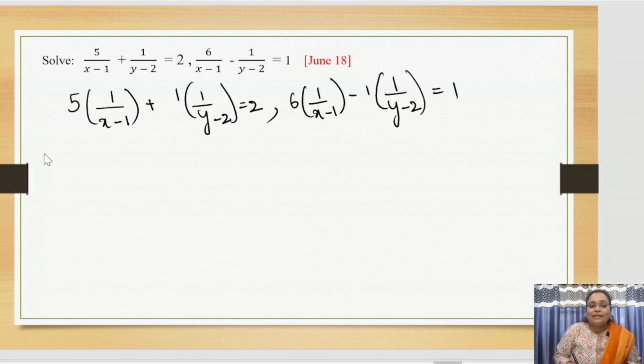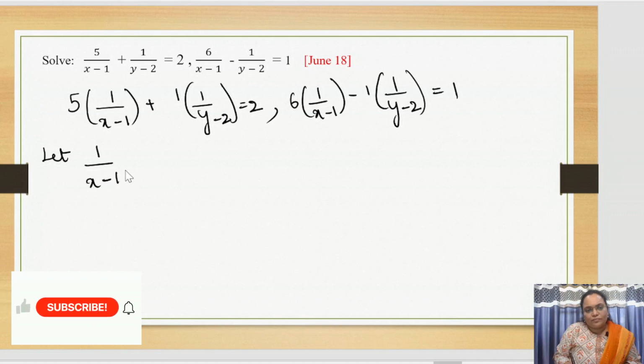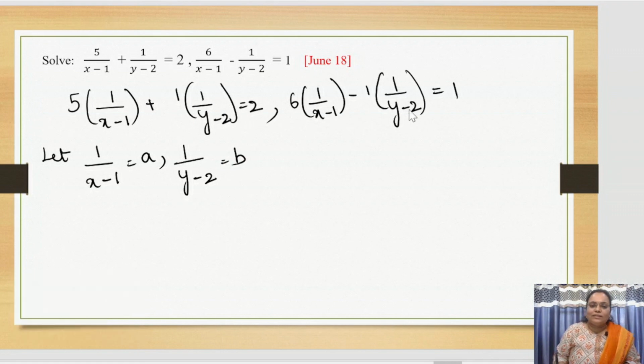Okay, so let us replace 1 by x minus 1 as a and 1 by y minus 2 as b. Now let us write the equations, which is 5a plus b is equal to 2 and 6a minus b is equal to 1.